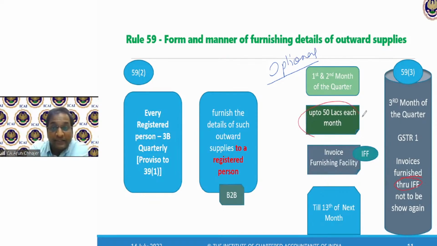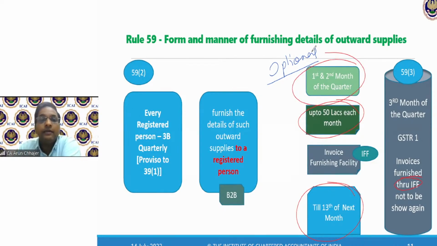There is an upper cap that in the IFF, I can only put sales up to 50 lakh. I cannot go beyond 50 lakhs. What is the due date? 13th of the next month. It is only for M1 and M2. What about M3? I am not required to furnish it for M3 because obviously there is the full GSTR1.